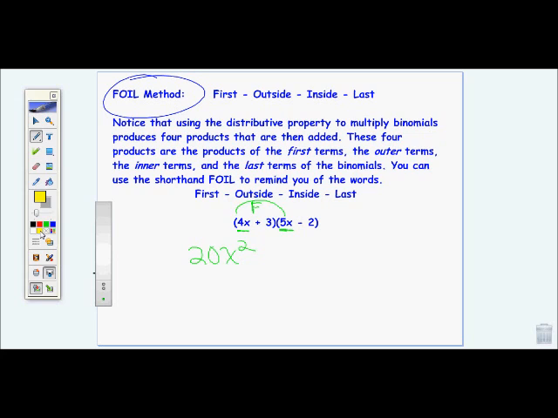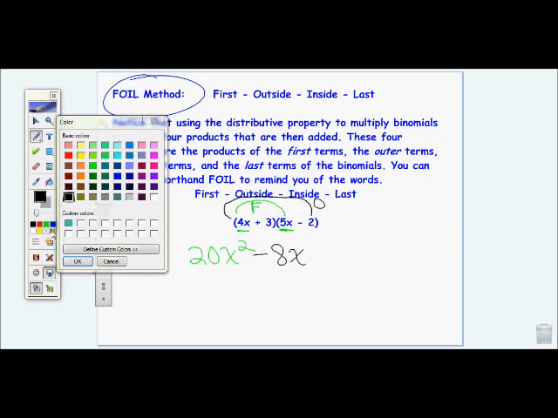The next terms are going to be my outside terms. So that would be my 4x on the outside of this one, and my 2x on the outside of the next expression. So 4x times a negative 2x would give me negative 8x.